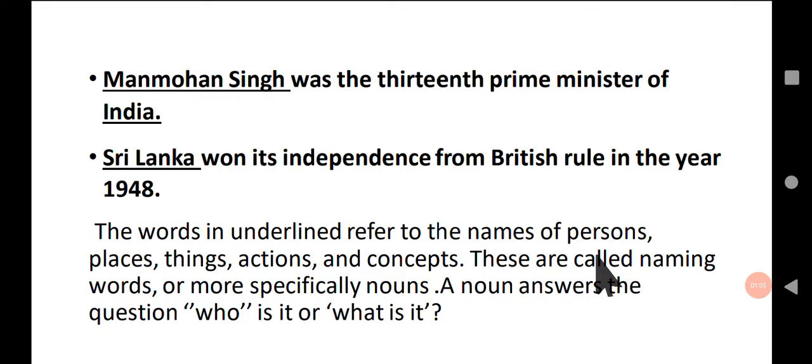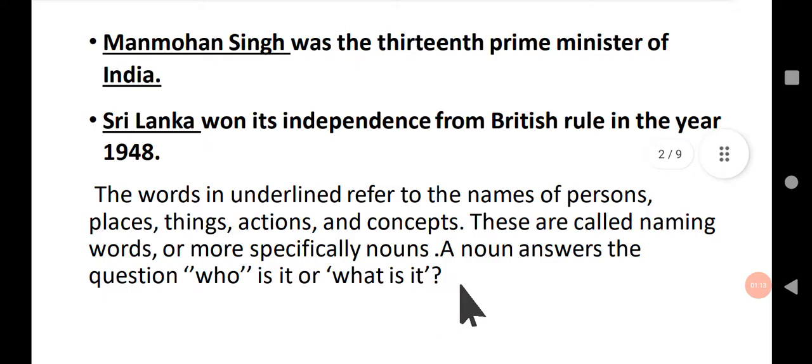Nouns can refer to names of places. Nouns can be the names of things, actions, and also concepts. These types of words are more specifically called nouns. A noun simply answers the question: who is it or what is it. When you ask these two questions, in response you would get an answer which includes the noun.